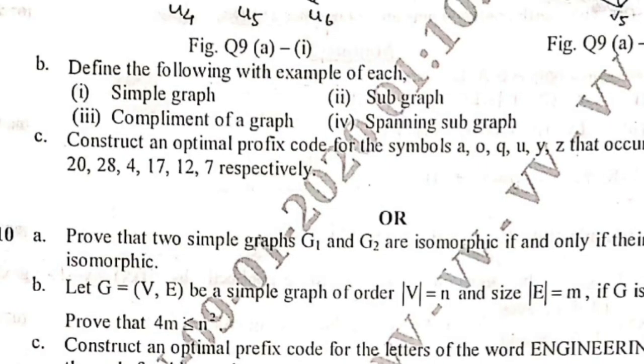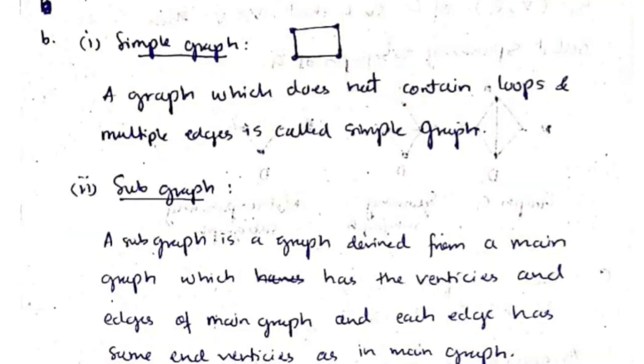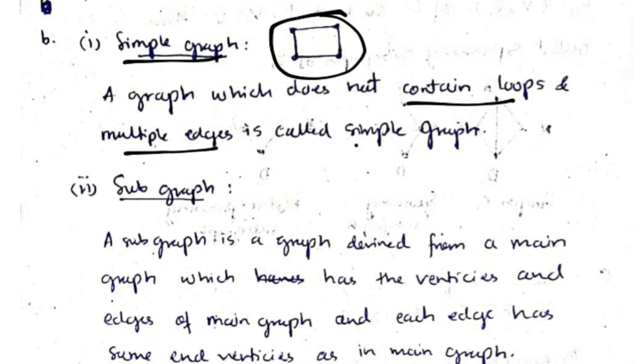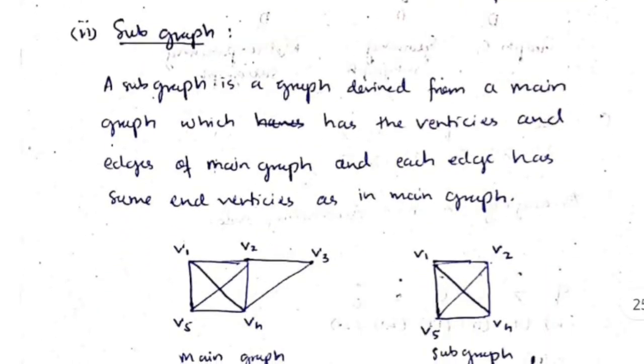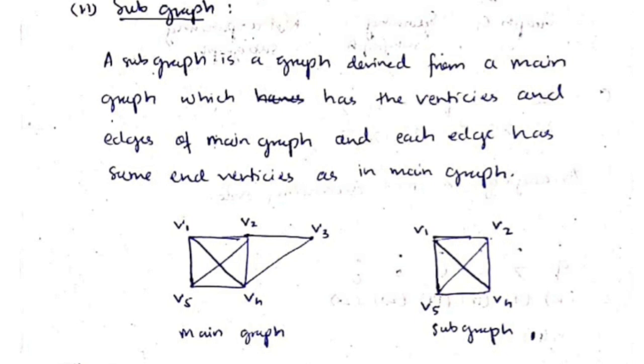The second question is to define the following: simple graph, subgraph, complement and spanning subgraph. The first one, simple graph, is a normal graph which does not contain any loops and multiple edges. Okay, that's a simple graph. The second one, subgraph.